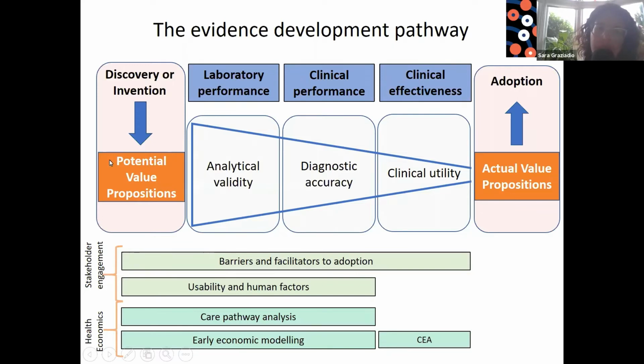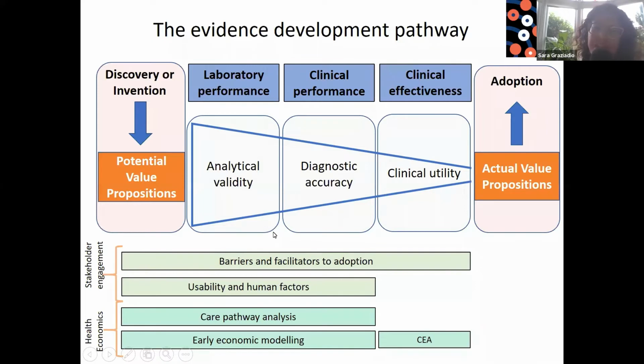Obviously, this summarizes the journey from discovery to adoption of a new diagnostic test. Unfortunately, it's never so linear, never so simple, but it's good to try to simplify the process so that you can find where you are in this journey and where your technology is.